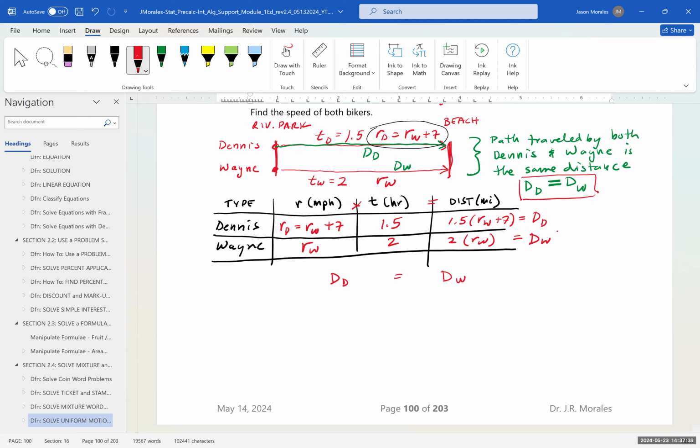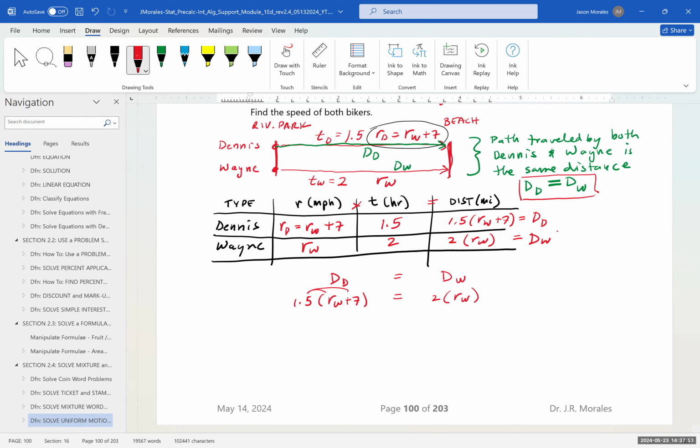And we know that Dennis's distance is 1.5 times the rate of Wayne plus 7, and that's going to be equal to Wayne's distance, which is 2 times the rate of Wayne.